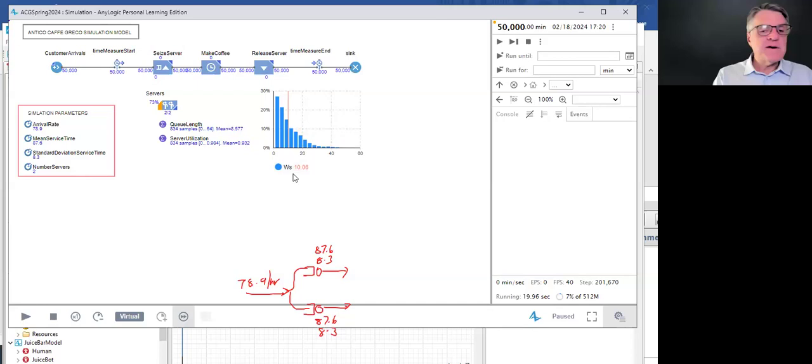So a 10-minute time in system, and there's a problem here. This service, let me just make sure I have this down correctly. It does look to be correct. 78.9. 87.6, 8.3, and 2.